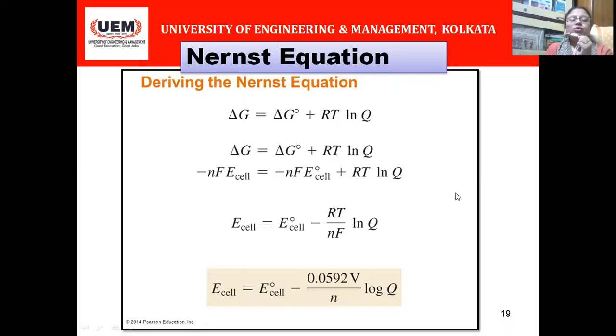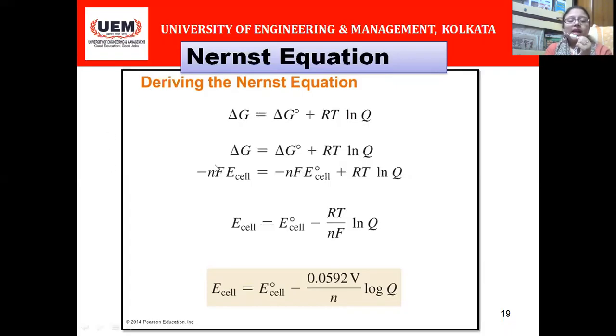Now come to the derivation part. So delta G is equal to delta G naught plus RT ln Q. This equation we are getting from our thermodynamics part. And delta G is equal to minus NFE. You have to remember this term: delta G, the Gibbs free energy in case of electrochemistry, is equal to minus NFE.